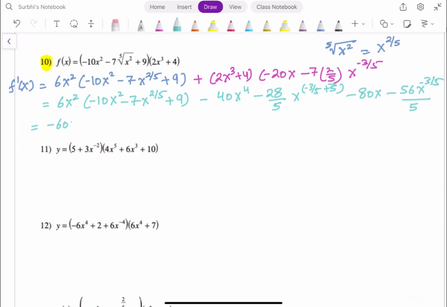First distribute 6x squared. So it will be negative 60x to the power of 4 minus 42x to the power of, we are multiplying it, yes. And then we have 12/5 and then 54x squared.